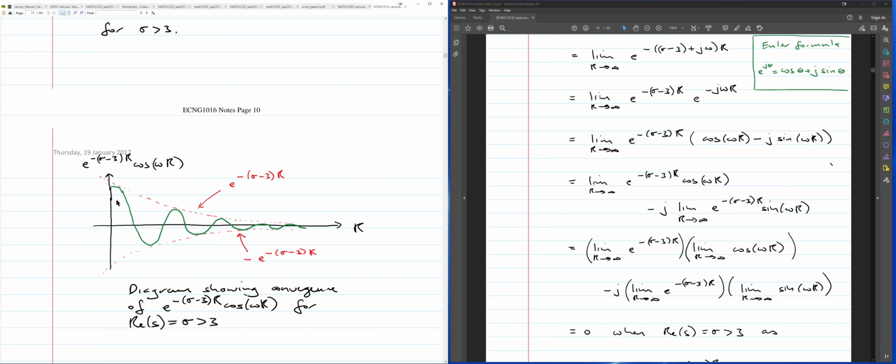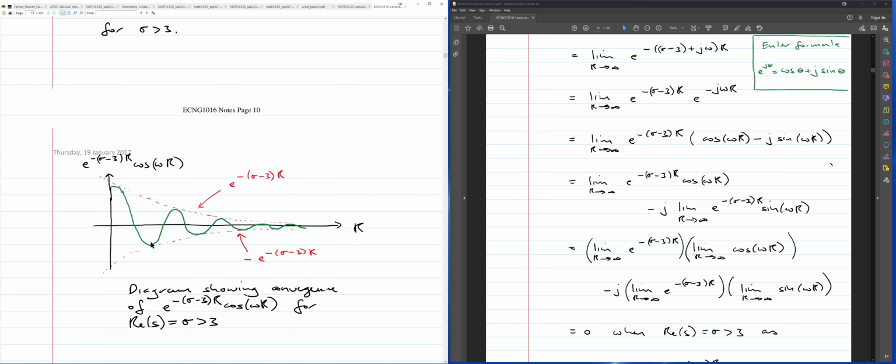The graph of it is actually going to look like this over here. This is a damped sinusoid. Basically, it's this cosine trapped in an envelope formed by the exponential e to the minus sigma minus 3 r and minus e to the minus sigma minus 3 r.